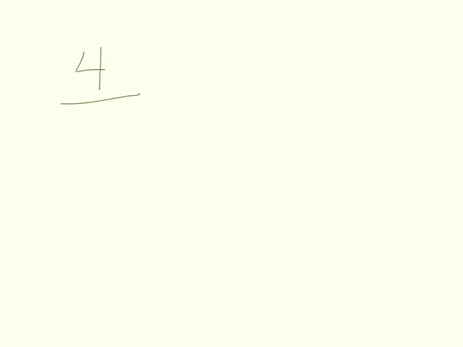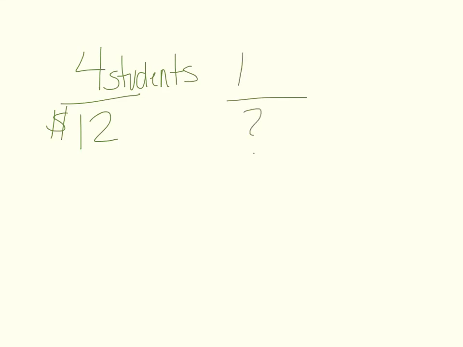One more example for this type of problem is if you have 4 students that spent $12 on lunch. How much would it be for 10 students? Now this looks a little different, but again, you want to look for the diagonal connection.